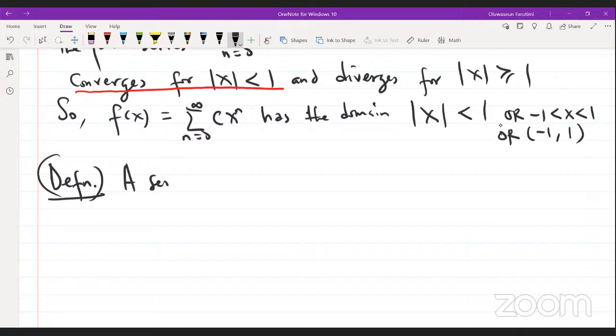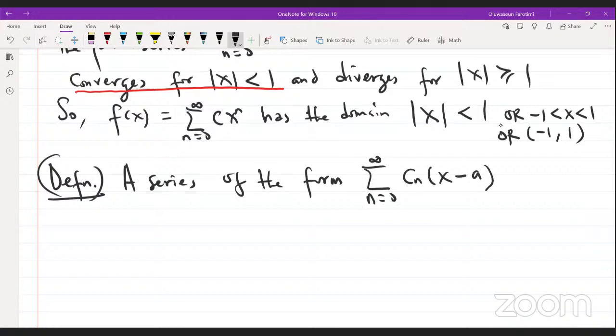So now we want to define another series. A series of the form, and this is another way to think about power series, okay? You have the sum from n equals 0 to infinity of Cn (x minus a)^n. All right, now I don't want to lose anyone, guys. Let me write this down. We are going to get into some technical details in a bit, so you want to make sure I don't lose you at any point.